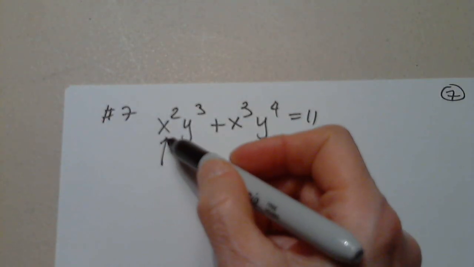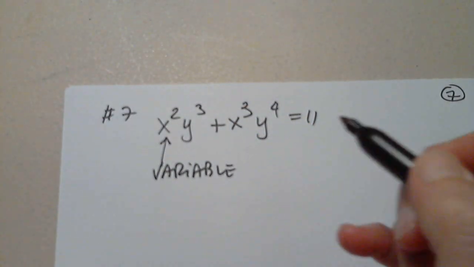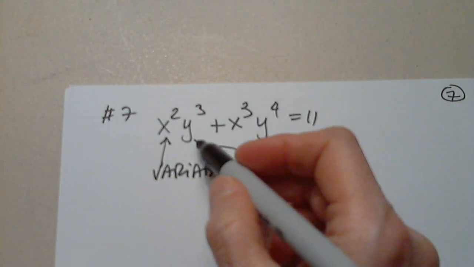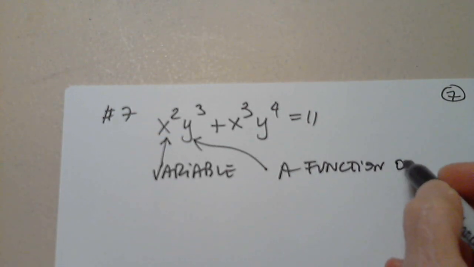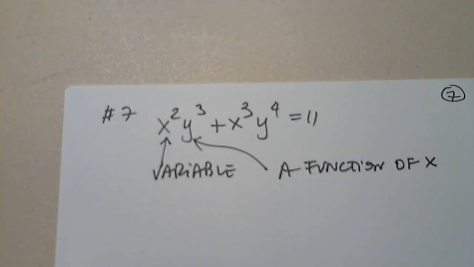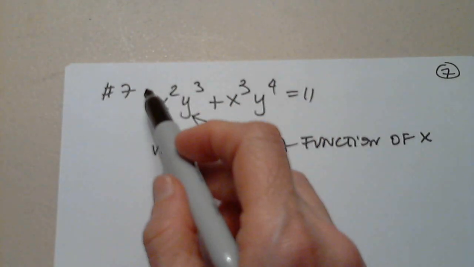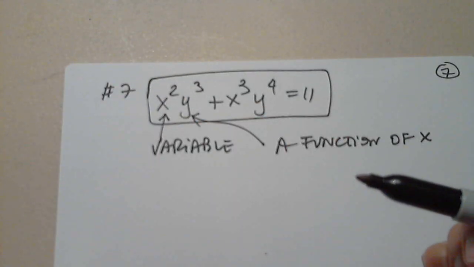X is just a variable. And you can say, why is it just a variable? No. Y is a function of x. Notice that this equation cannot be solved for y.